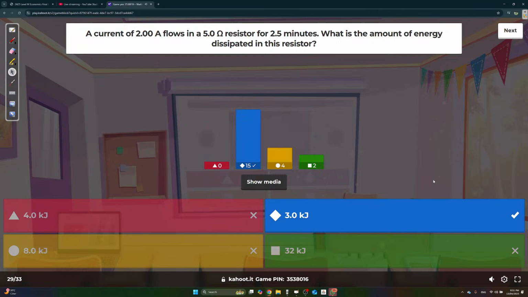Okay, most people put 3.0 kilojoules. Energy is equal to power times time, and power is I times V. So I times V times T, and since it's in minutes, you have to make it seconds. So 2.5 times 60.